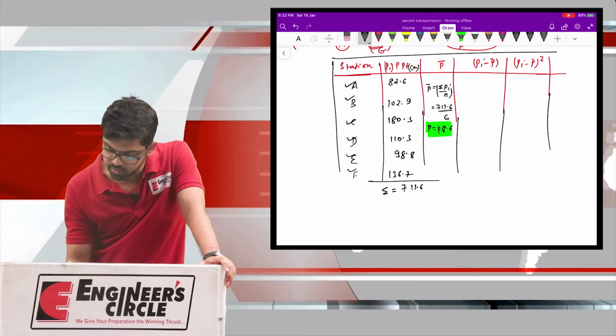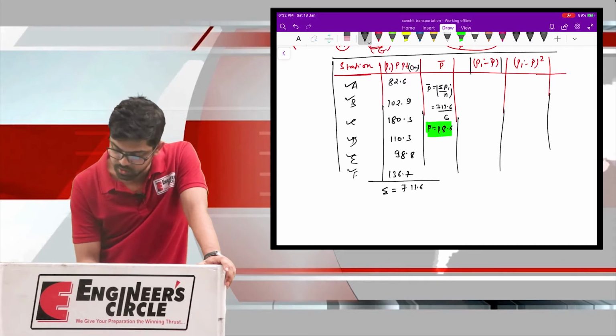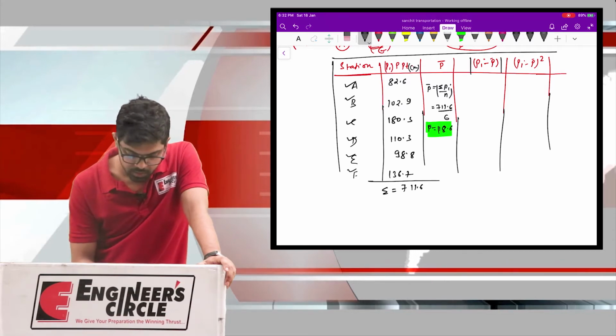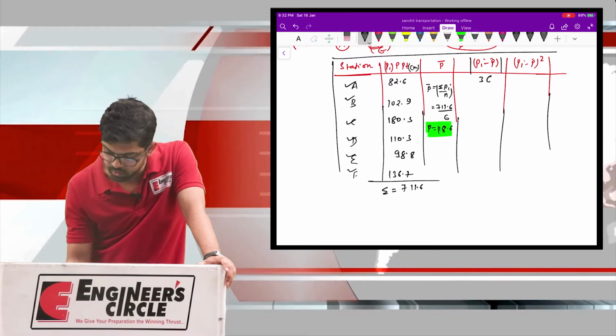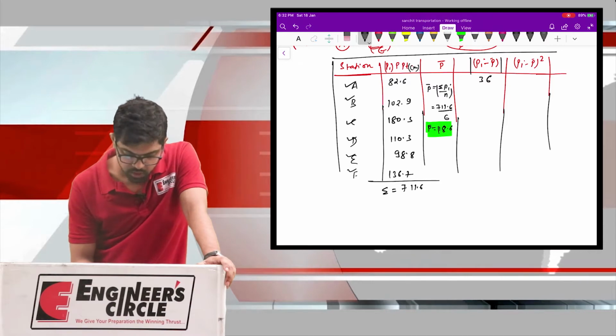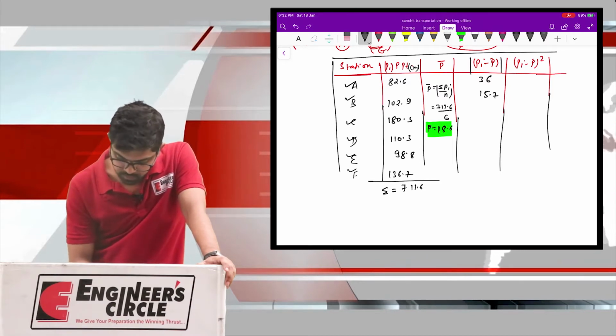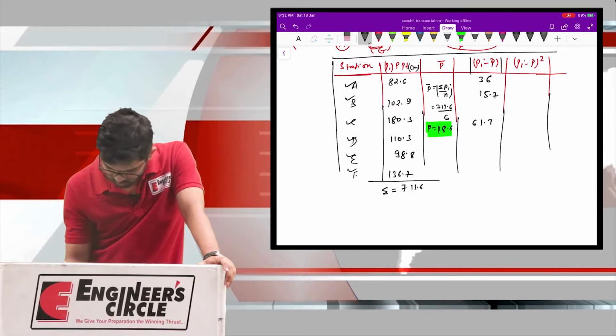Now I need to compute the difference of pi and p bar, taking the modulus. First, 82.6 minus 118.6 gives 36 as the mod value. Then 102.9 minus 118.6 gives 15.7. Then 180.3 minus 118.6 gives 61.7.